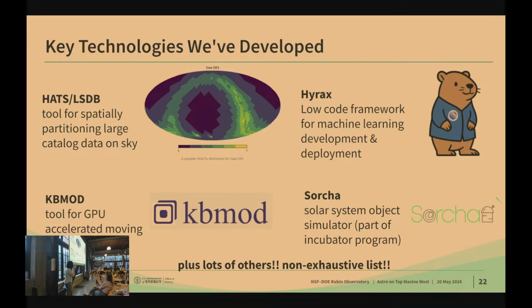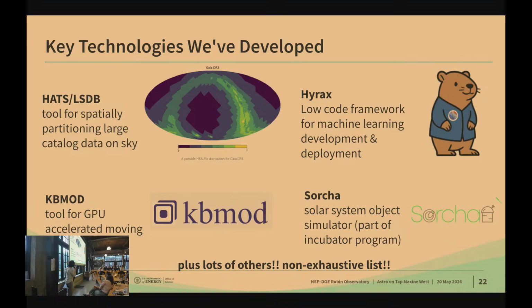We also have recently developed HYRAX, which is a low-code framework for machine learning in astronomy. It's geared specifically towards astronomers and allows them to pull in their data sets and run machine learning through that without having to do all of the stuff that you don't want to do when you start a machine learning framework, which is the boring part.